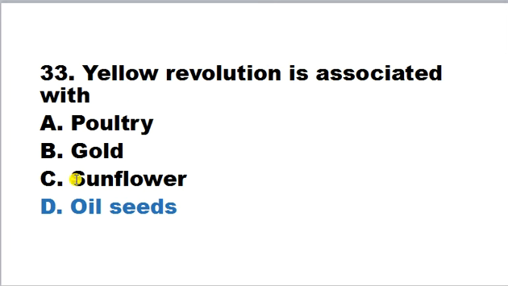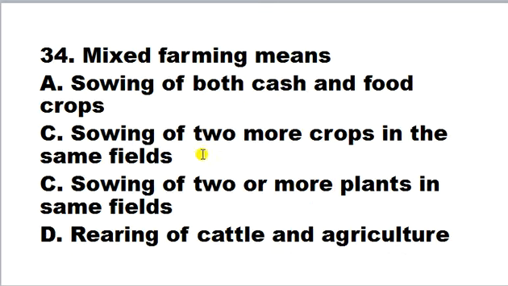Yellow revolution is associated with poultry, gold, sunflower, oil seed. So yellow revolution is associated with oil seed. There is a sudden increase in production of oil seed, so that in the yellow revolution they can increase the oil. So here yellow revolution signifies the sudden production of edible oil.